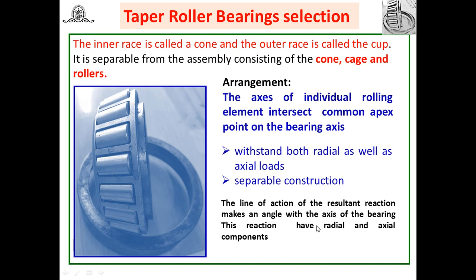Its construction is separable when you compare it with a deep groove ball bearing. Because the rolling element is inclined with the axis of the bearing, the resultant reaction of the taper roller bearing has a radial as well as an axial component.